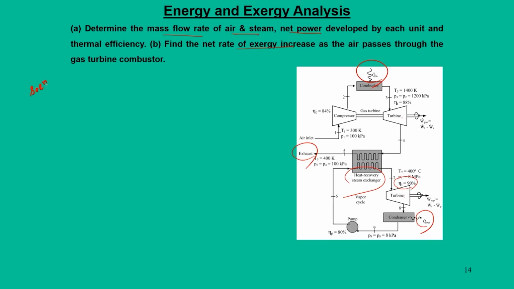So, to solve this problem, the first step is to obtain the data points for steam and gas cycle. Here I am noting down the different state points for the gas turbine units and steam turbine units or steam cycle.